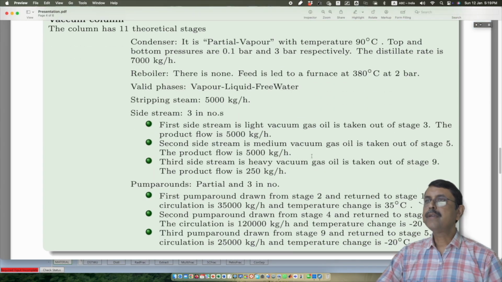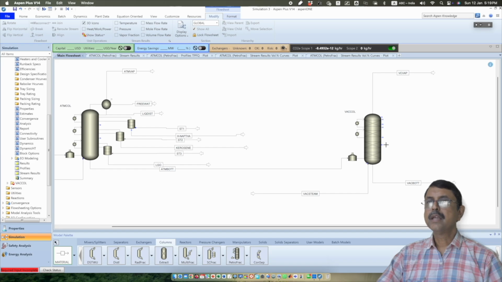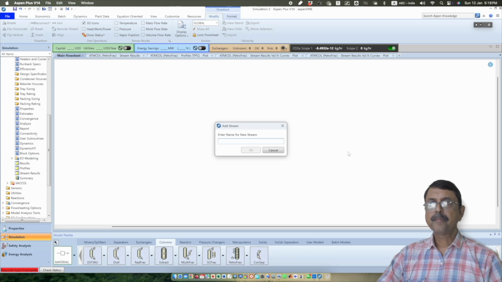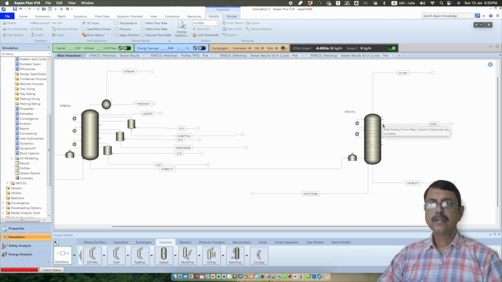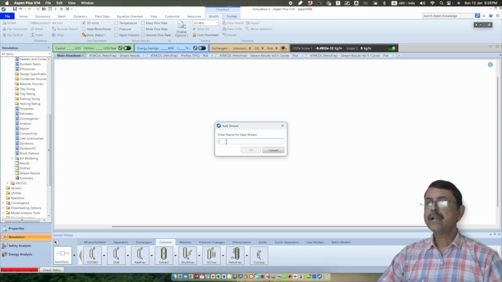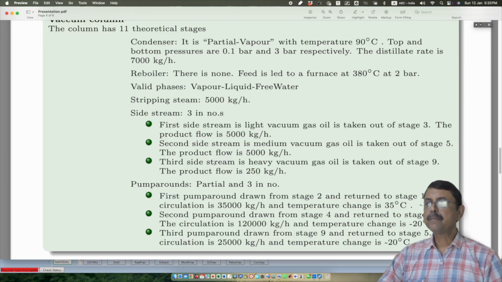Now in this case we have three side streams. So side stream 1, side stream 2, side stream 3. So the side streams are here, side product from the main column. So this is side stream 1. This is side product 2. Now we do have names, right? What is side product 1? It is light vacuum gas oil. Side product 2 is medium vacuum gas oil.